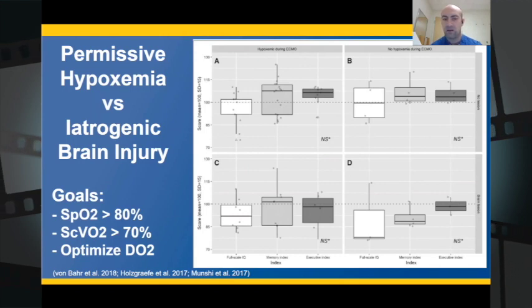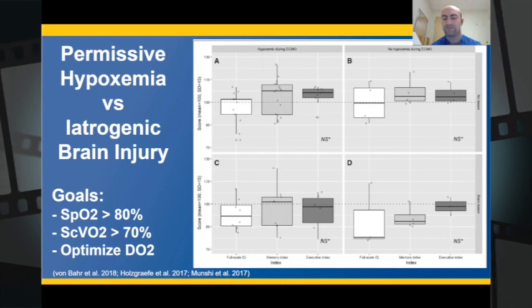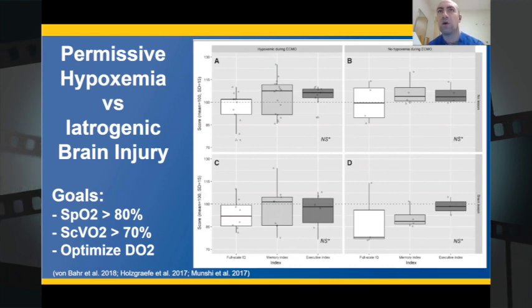And then the images to the bottom are patients that were hypoxemic and had brain lesions such as ischemic strokes or hemorrhagic strokes, compared to patients that were not hypoxemic during ECMO that also had brain lesions. This was a larger study. I didn't write down how many patients, and I don't remember at this time, but I have included the citation. It's the study by Bonvar et al., 2018.